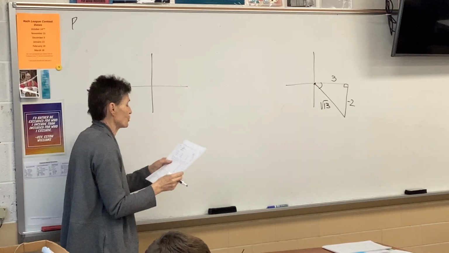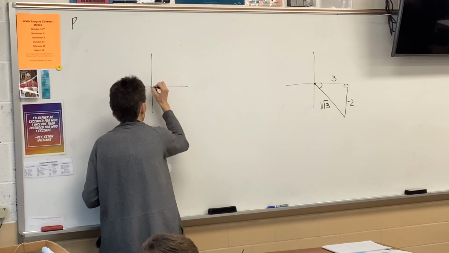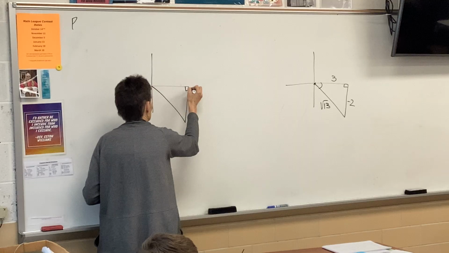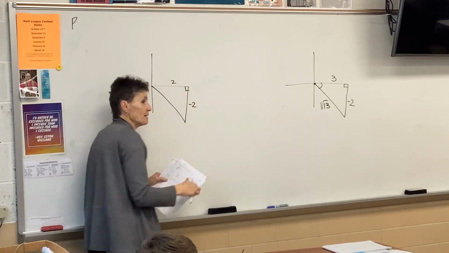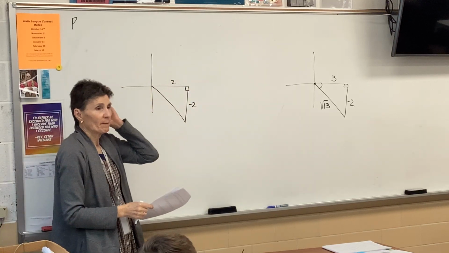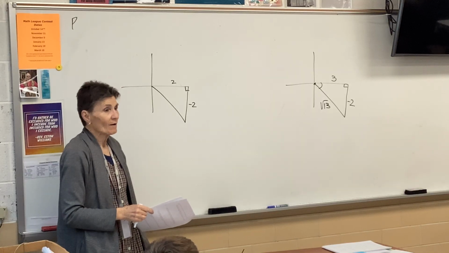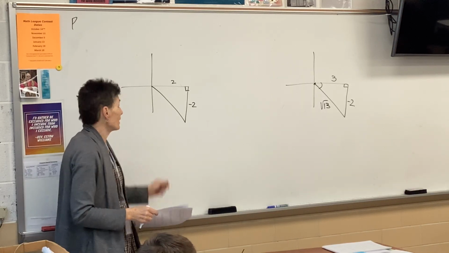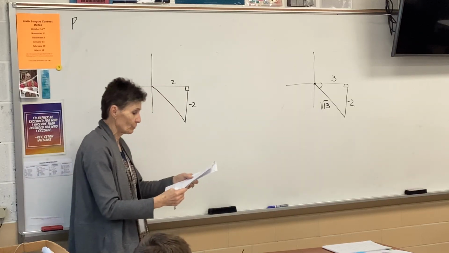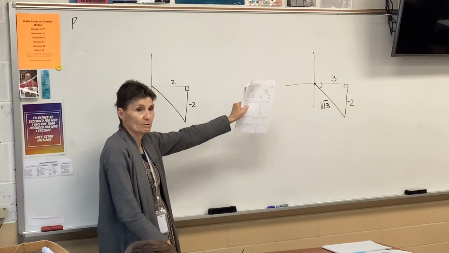The point is 2, negative 2. So standard position means I'm a butterfly bow tie and my angle is at the origin. So I've got some kind of angle that goes right two and down two. I can tell that from the point. The point tells me that.